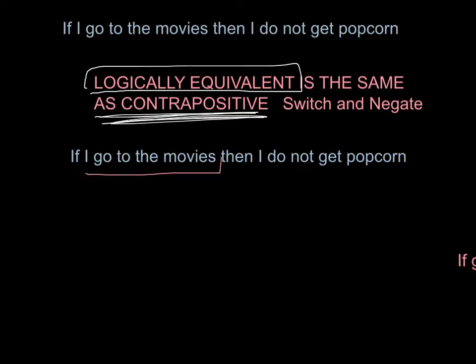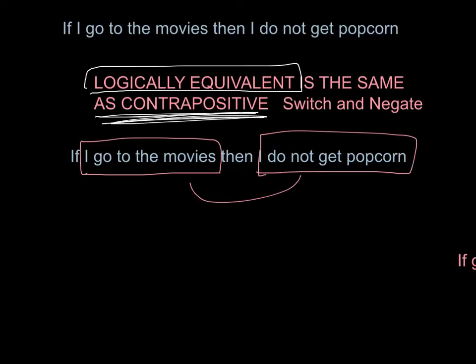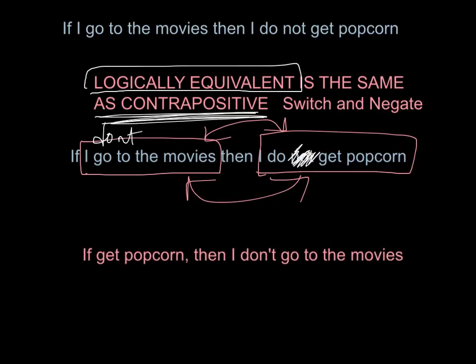So we are going to take this part, go to the movies, don't get popcorn, we're going to switch them, and we're also going to add the don't part. Don't go to the movies, and we're going to add or take away the not part, and this is what it would look like. If I get popcorn, then I don't go to the movies. Notice that this is the contrapositive, and that's the same as logically equivalent.